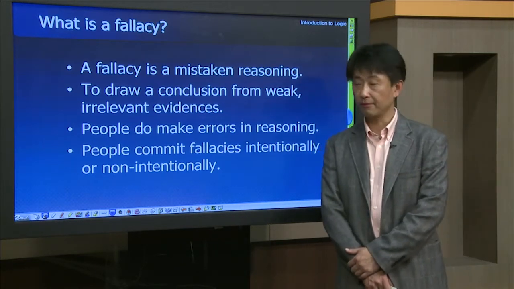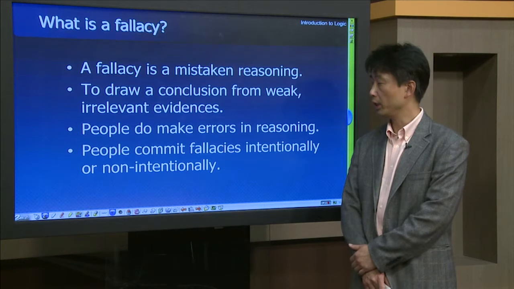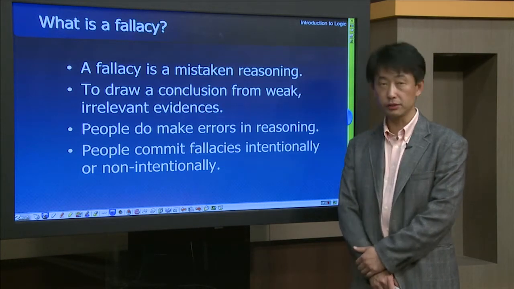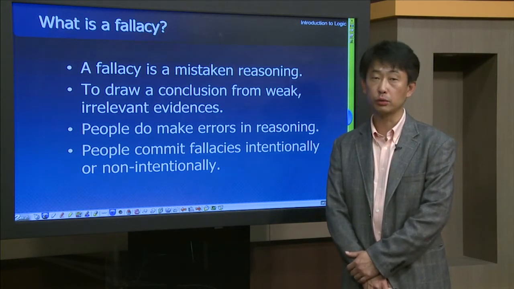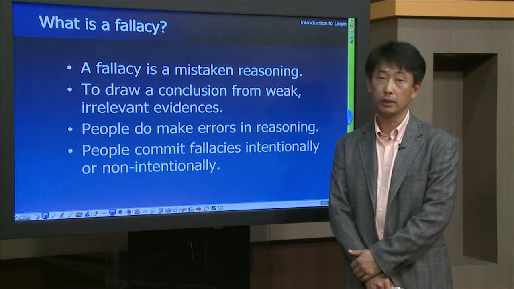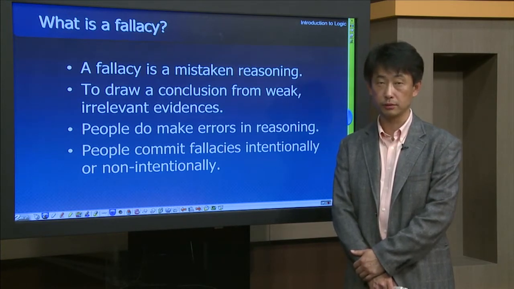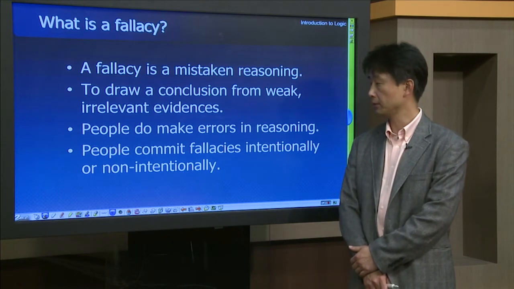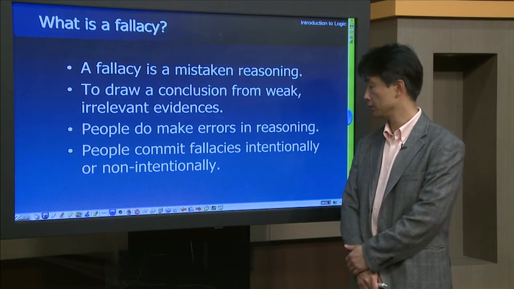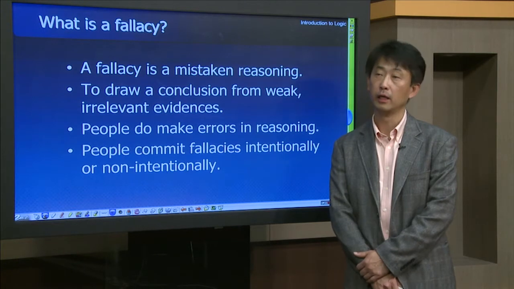It's a fact of life that we people do make errors in reasoning. That is, we try to argue for something on the basis of insufficient evidences. Sometimes people commit fallacies intentionally.